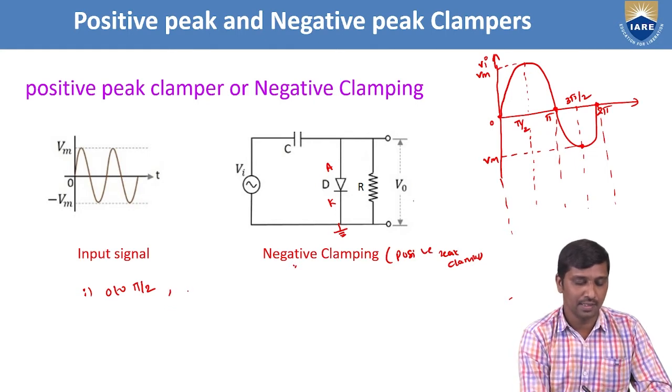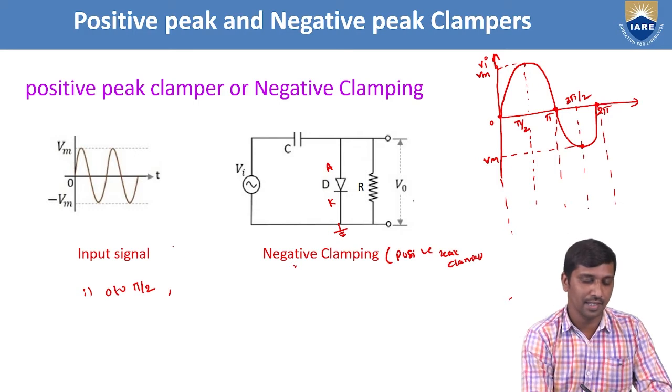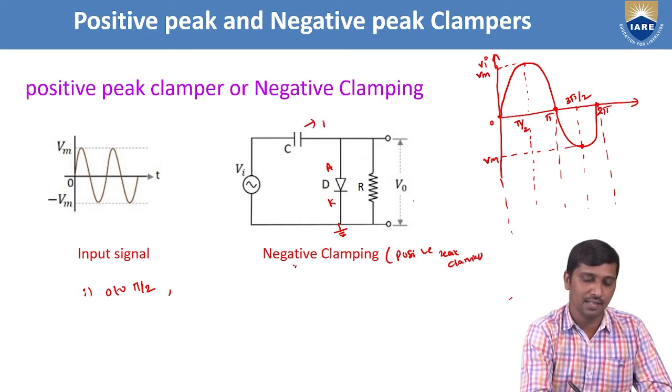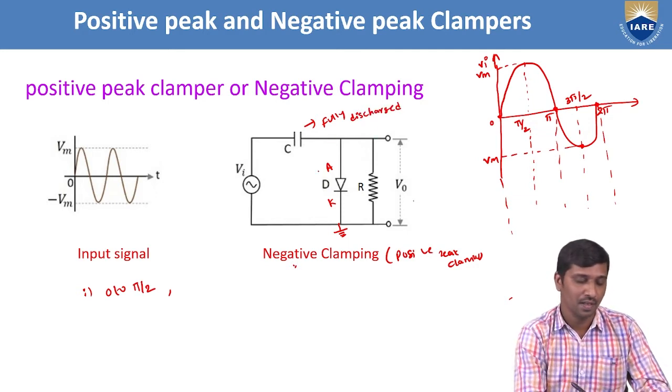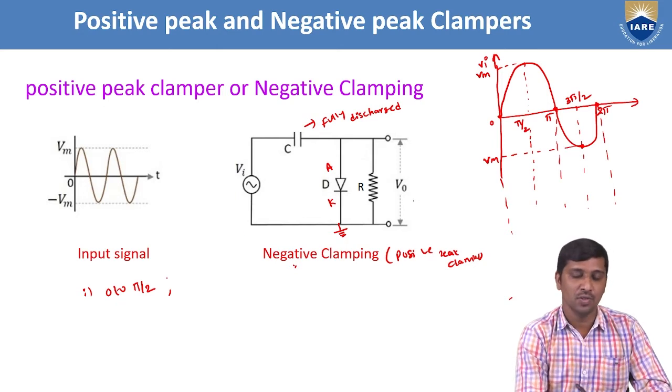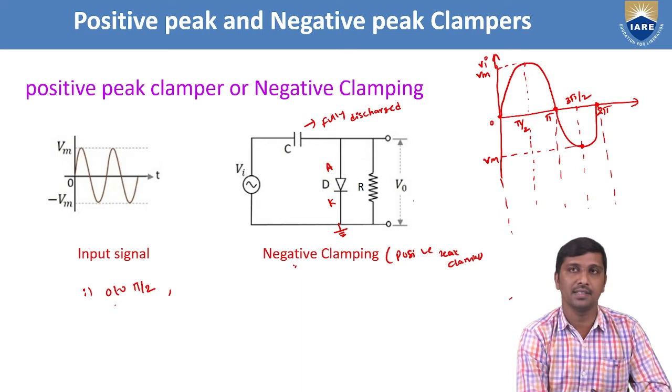In this, let us assume that initially the capacitor is fully discharged. Based on this assumption, we consider the 0 to pi by 2 interval.